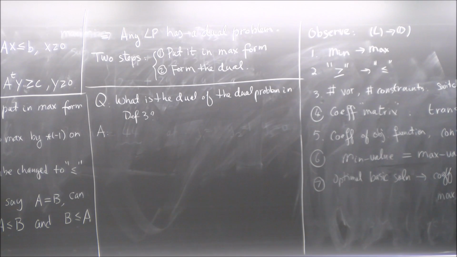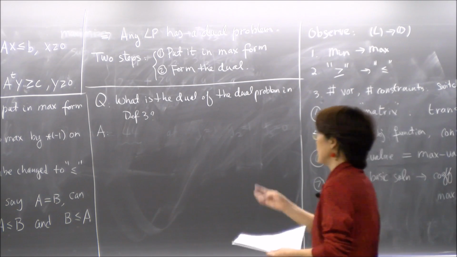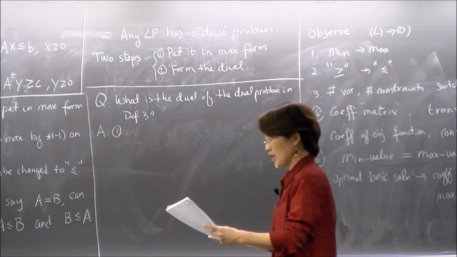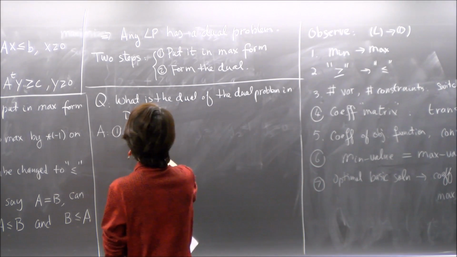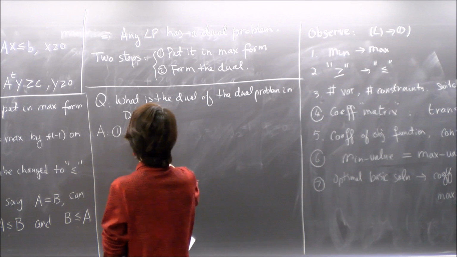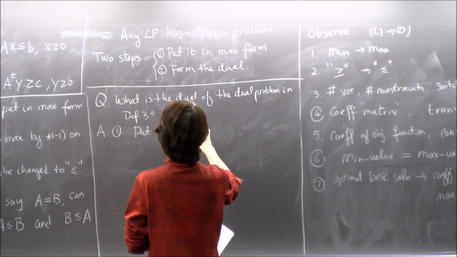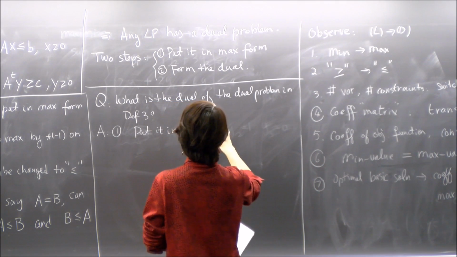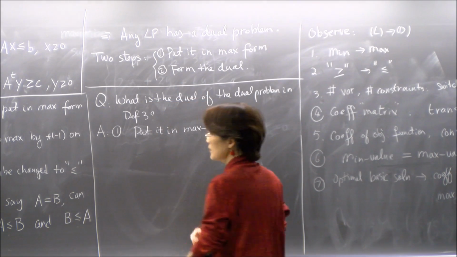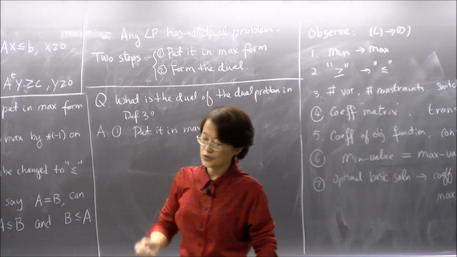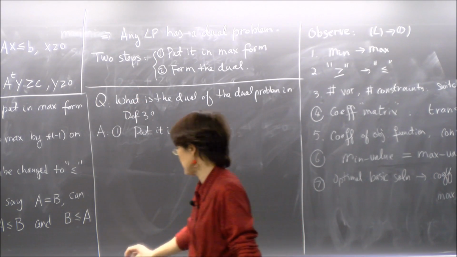Is that right? I'll take two steps. Step 1, I'll try to change it into a max problem, put it in max form. I will use this compact notation with vectors. It's much faster to write it in that way.